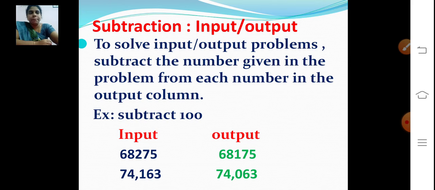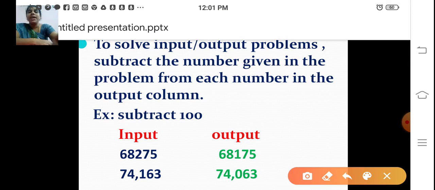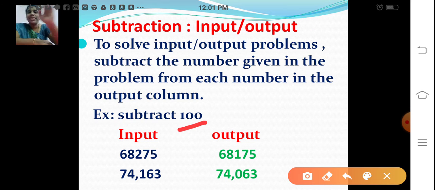Now subtraction, input and output. To solve the input-output problems, subtract the number given in the problem from each number in the input column, so that you will get the output column, right?